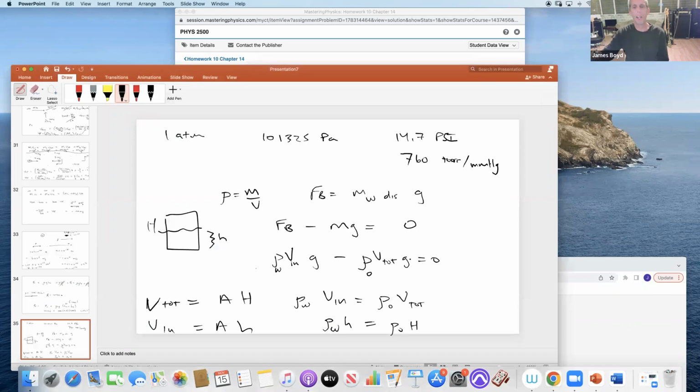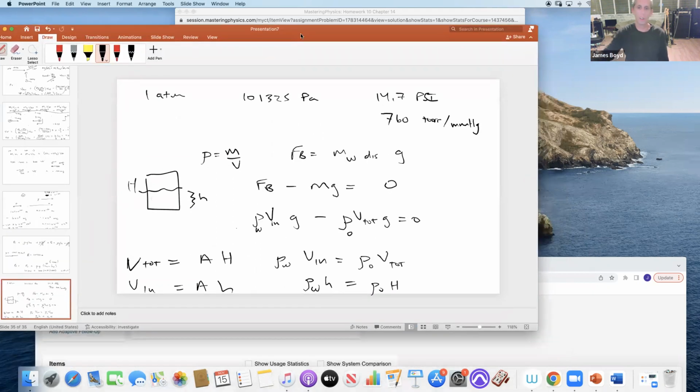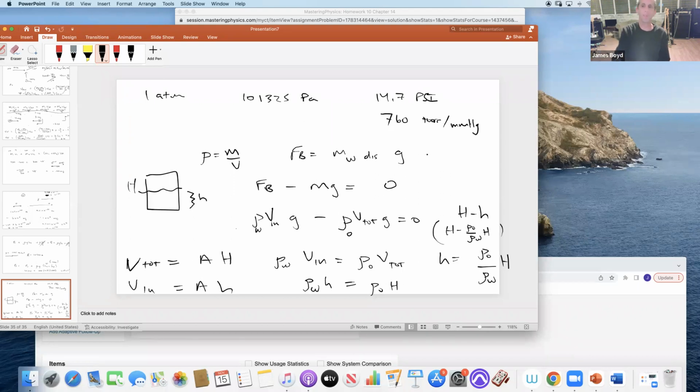Okay, so what we need to find is H, and little h is equal to density of the object over the density of water times big H, and then take H minus h. So H minus h is H minus rho over rho omega times H, and that's how much is above, but regardless, let's just find little h.